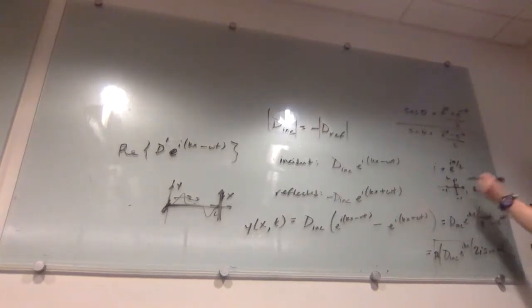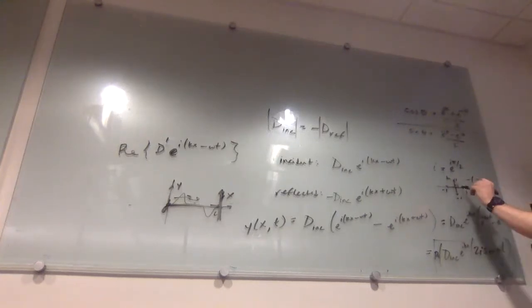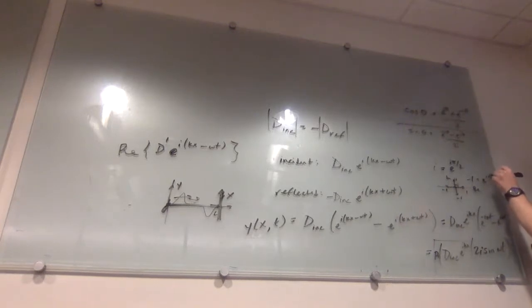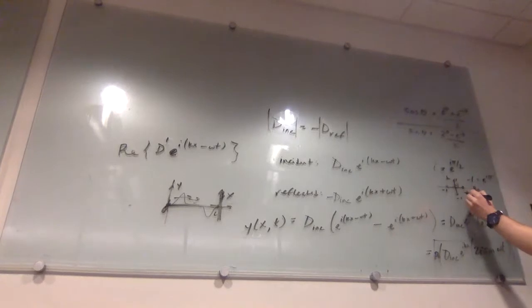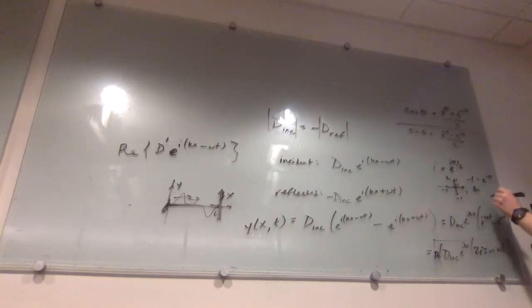Minus 1 has magnitude 1 times e to the i theta, where theta is now e to the i pi, the half rotation. Minus i is magnitude 1 times e to the i 3 pi over 2. And we could write 1 again as e to the i 2 pi, because it's cyclic, you could go around.